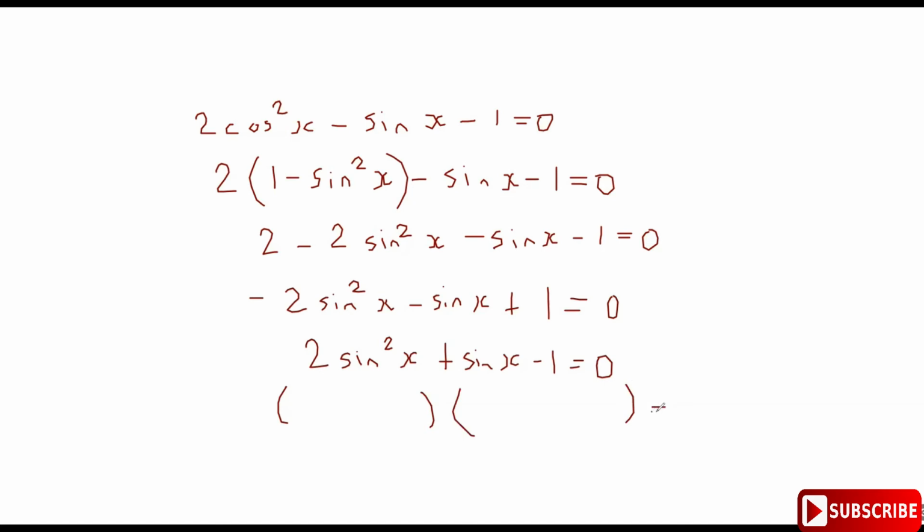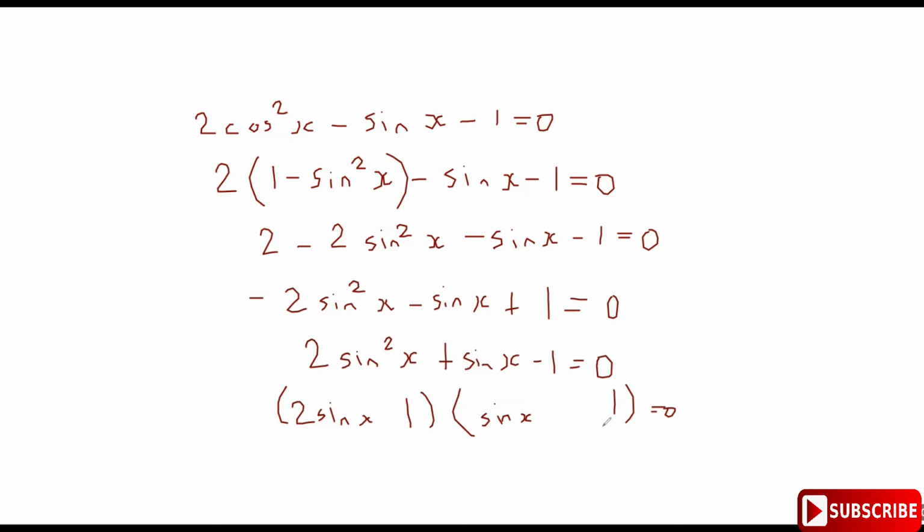The only way we're going to get 2 sine squared x right there is if we have a 2 sine x, and this has to be a sine x. Now we know the signs are different and the product is negative, so we have minus and plus.